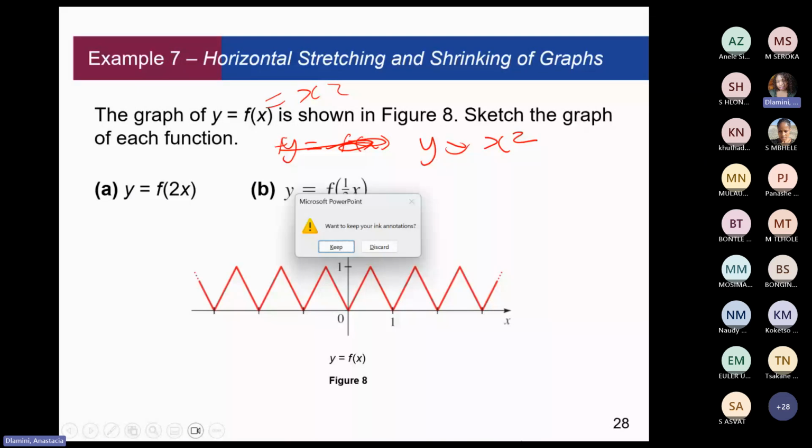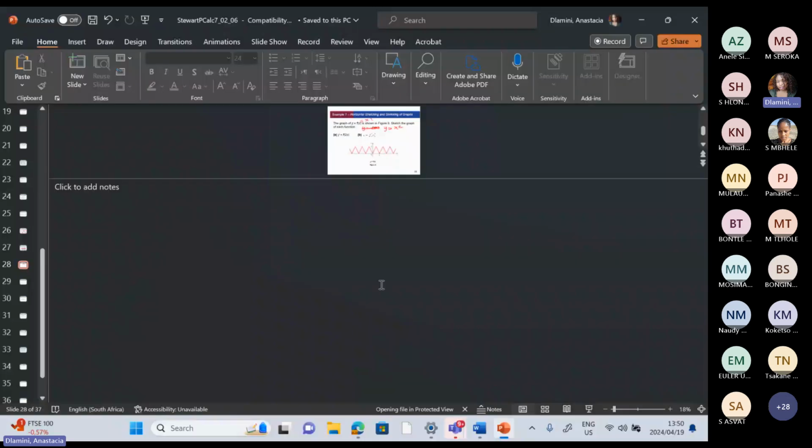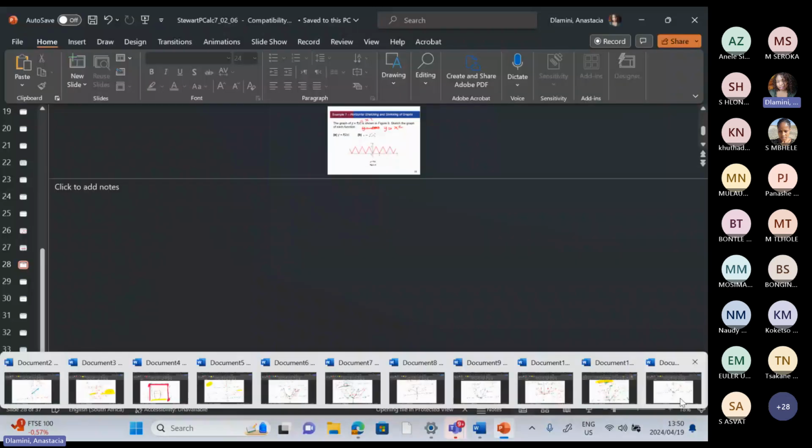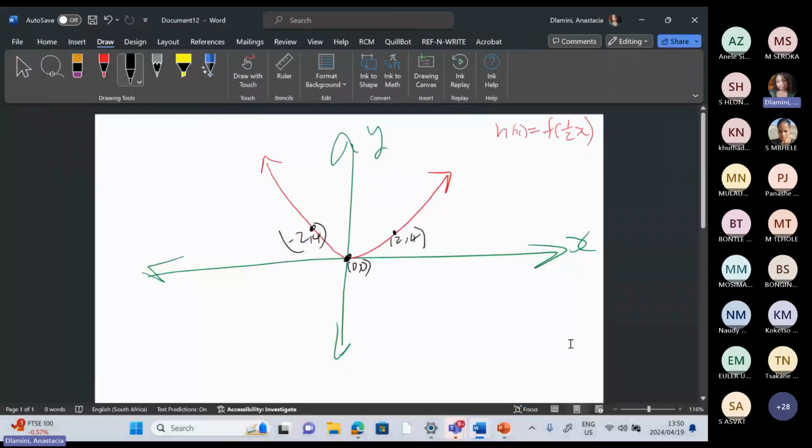So if we are stretching the graph by a factor of 1 over c, what is our c in this case? c is half. So 1 over c becomes 1 over 1 half, which is 2. Right?